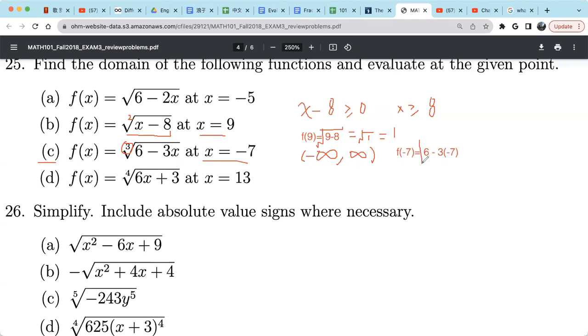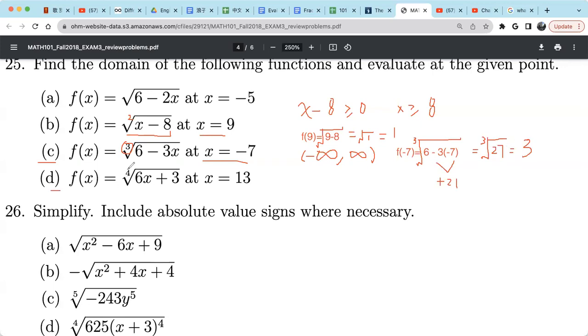Remember this is a cubic root, so we write 3 as the index on the top corner. Negative 3 times negative 7 is positive 21. 6 plus 21 is 27. So the cubic root of 27. Remember we calculated this once in a previous question. Hope you can remember it. Yes, it's 3, because 3 raised to the power 3 is 27.